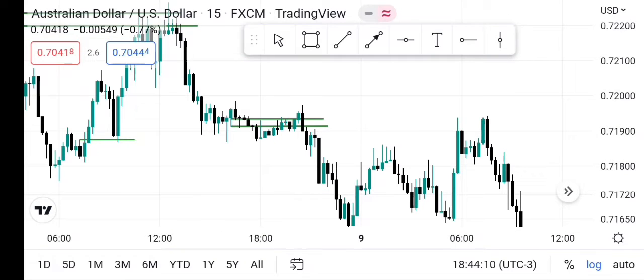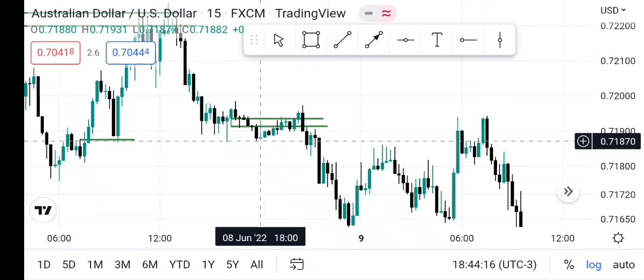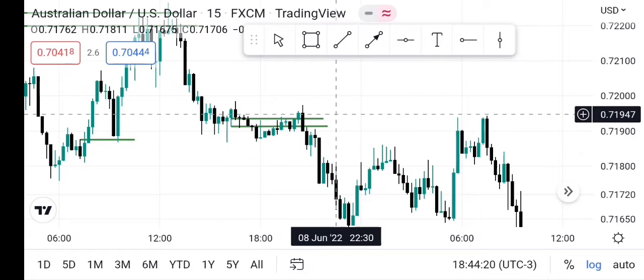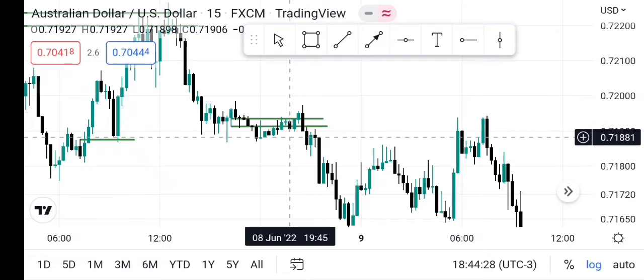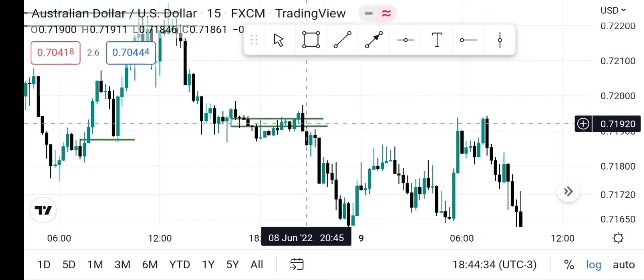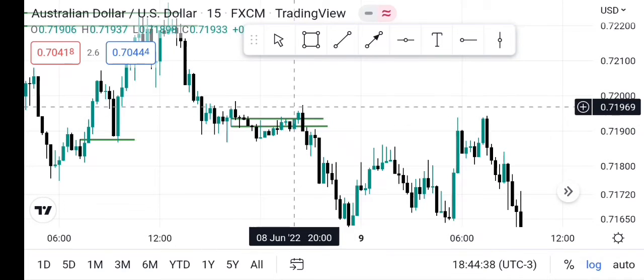Alright, now folks, take a look at this zone. The market broke this low here, and there is a swing high here. Now, for the fact that this market broke this low, and then there is a swing high here, let's take the high.